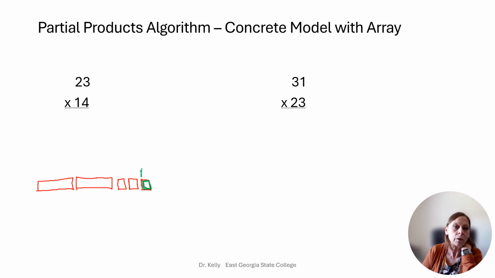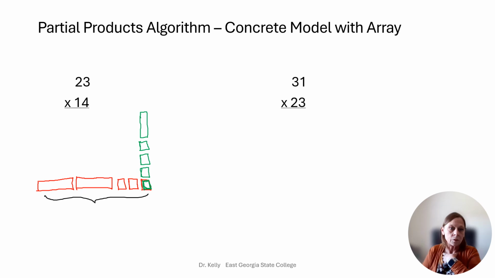So 1, 2, 3, 4, and along. Okay, so let me make sure that you're following me here. Along this right here was our 23. Going along this right here is our 14. And we need to build out the rest of the array. So let's see here. We're going to just start building it out.